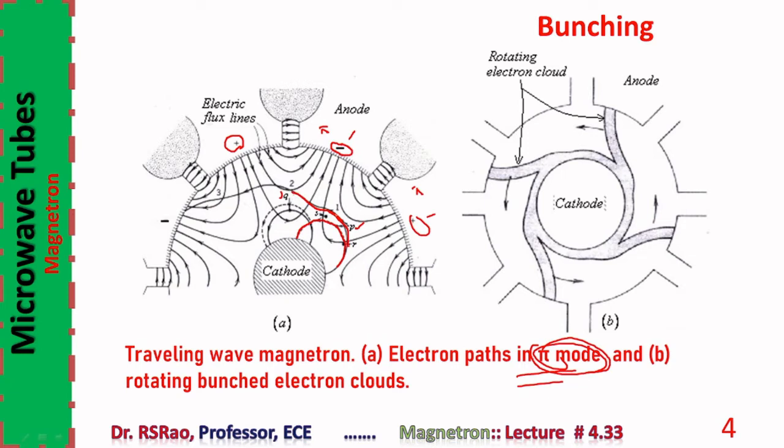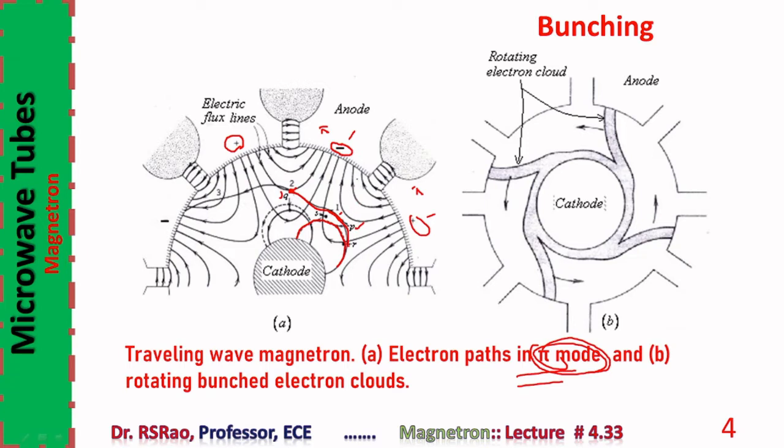By the time the electron reaches the position indicated by 2, it takes some time, of course, to travel from point 1 to point 2. By that time, things are arranged in such a way that the RF field also travels from one pole to another pole.